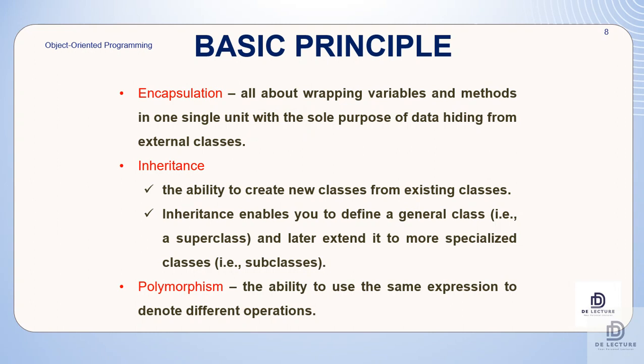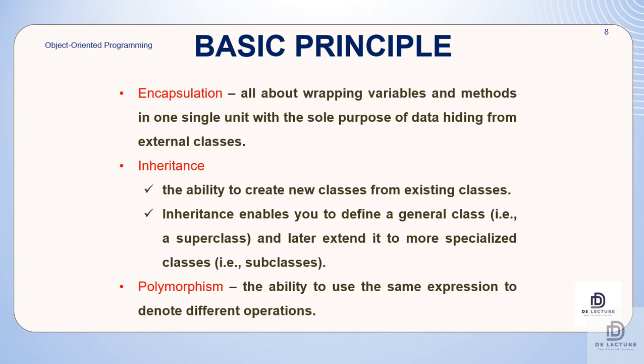The second one is inheritance. Literally, inheritance means that you are giving something to your children. Your children inherit some characteristics from you, the parents. So inheritance is the ability to create a new class from an existing class, meaning that we are inheriting some features from our parents. In real life, we inherit the features or characteristics from our parents, maybe the shape of our eyes, the shape of our mouth.